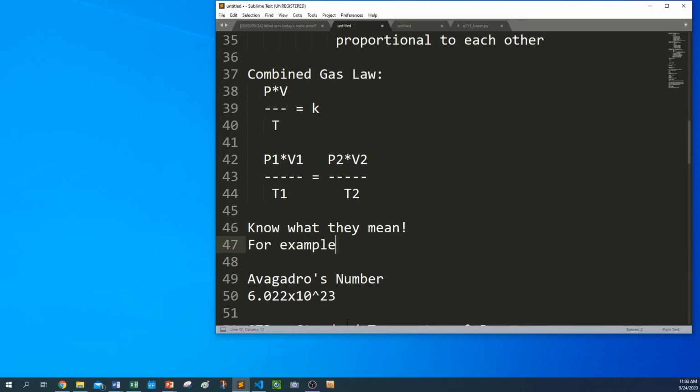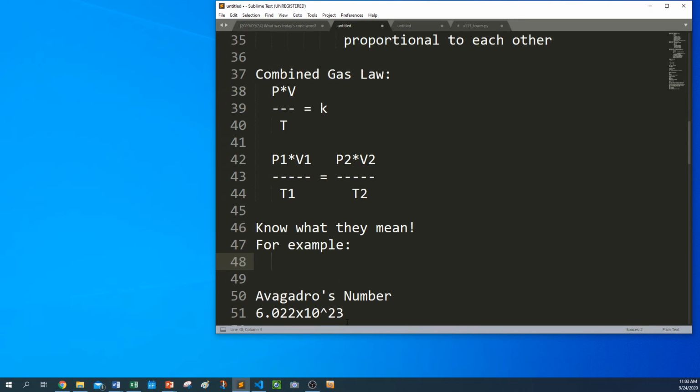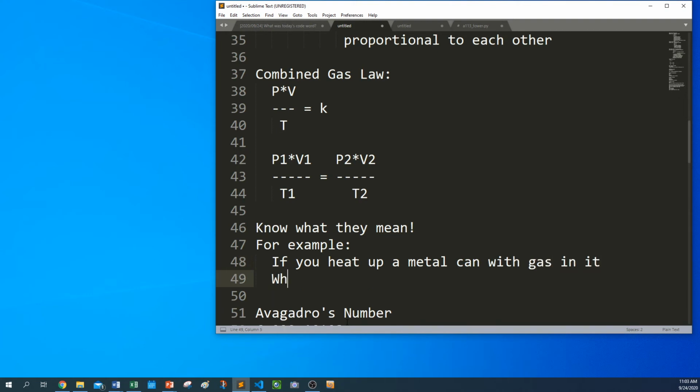For example, if you heat up a metal can with gas in it, what happens to the pressure?